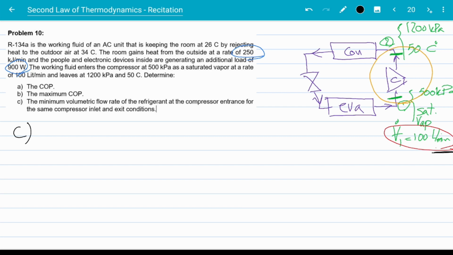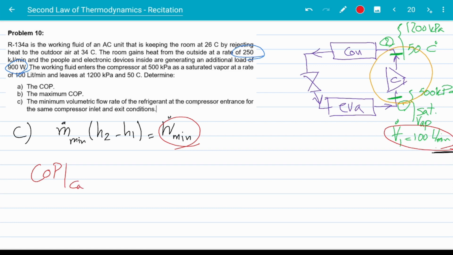So, we are looking for the minimum work. M dot minimum at the entrance times the change of enthalpy is equal to the minimum work of the compressor. We can find the minimum work of the compressor using the maximum COP that we found in the previous page. So COP of our Carnot cycle is Q dot L over W dot minimum, right?